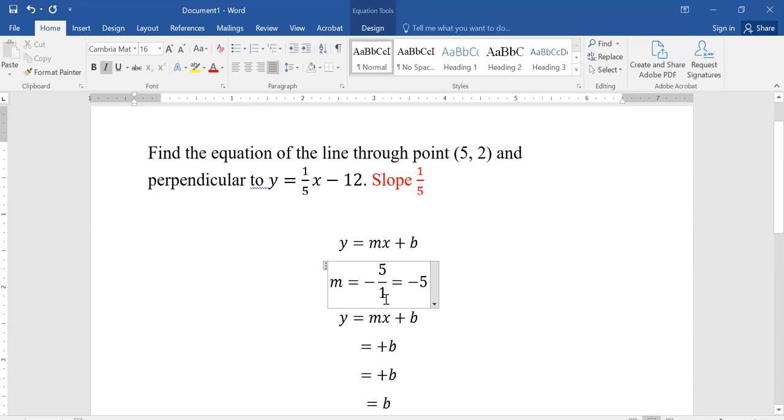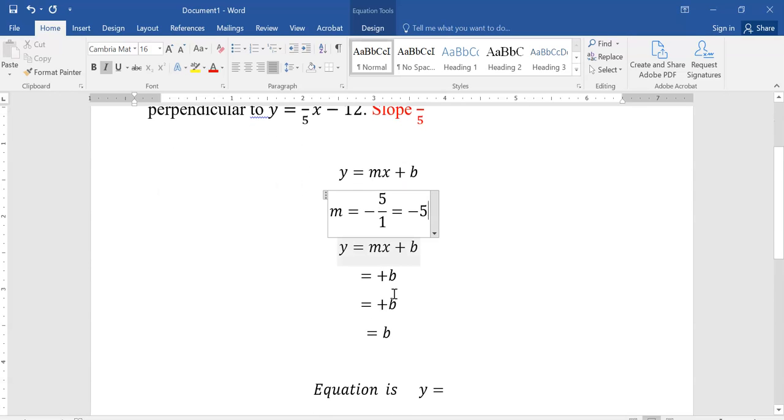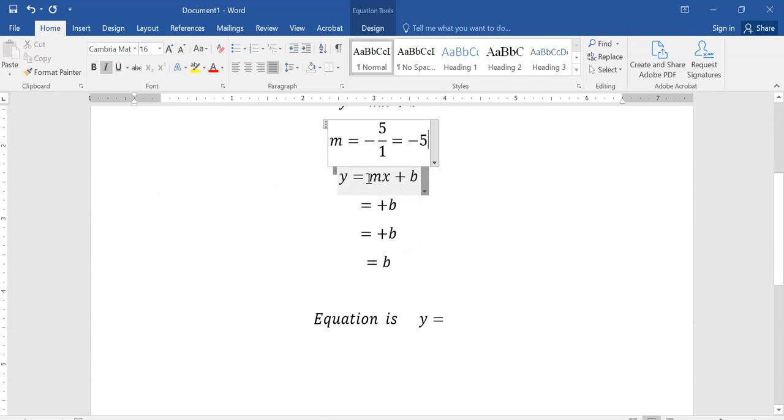That creates 5/1. That's the reciprocal. A negative reciprocal means put a negative sign in front of it or change the sign if it already happened to be negative. This one started as positive. So we get -5/1, which is -5. So we know that our line is going to look like y equals -5x plus b.